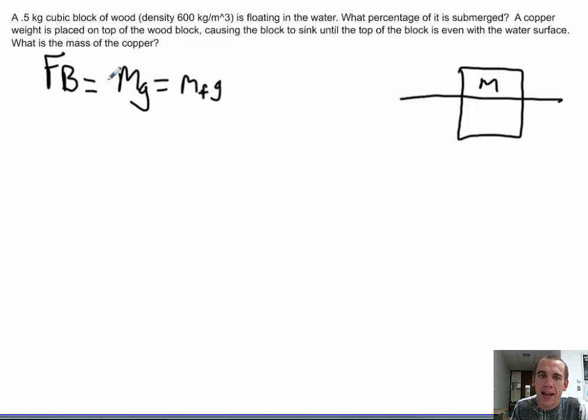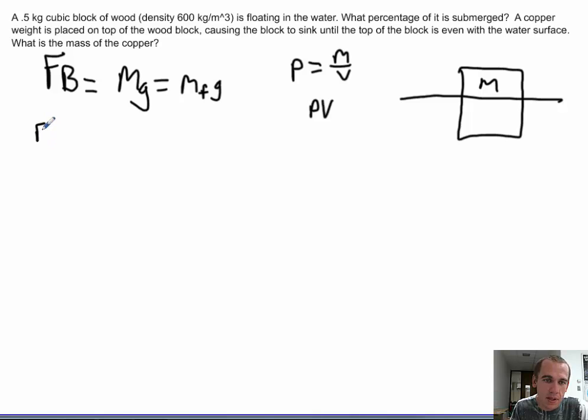Now remember, mass is closely related to density, because density, rho, is equal to mass over volume. So check this out. I'm going to do a substitution here. For mg, I'm going to replace that m with rho V, but I've got to keep my subscripts straight.